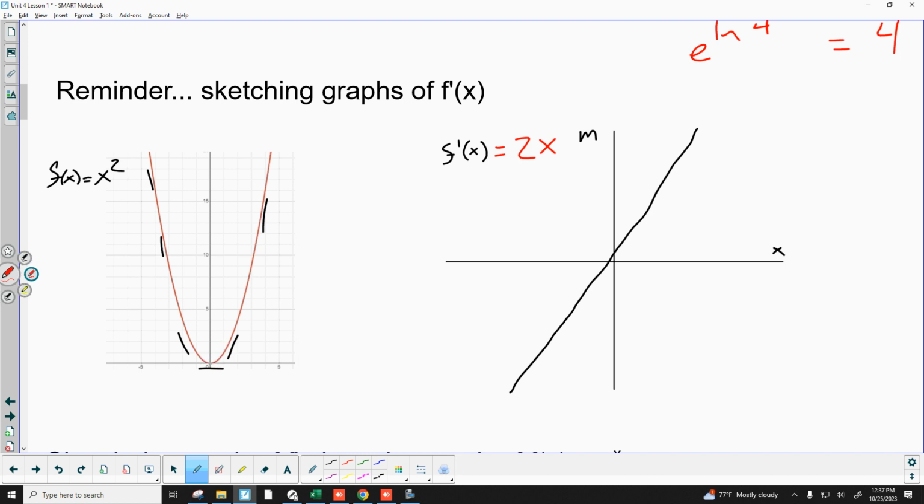Okay, so remember, plug in x's, get m's. That's what a derivative equation is. It's a tangent slope generator. It's an m generator. Remember, plug in x's into f of x, you get y.